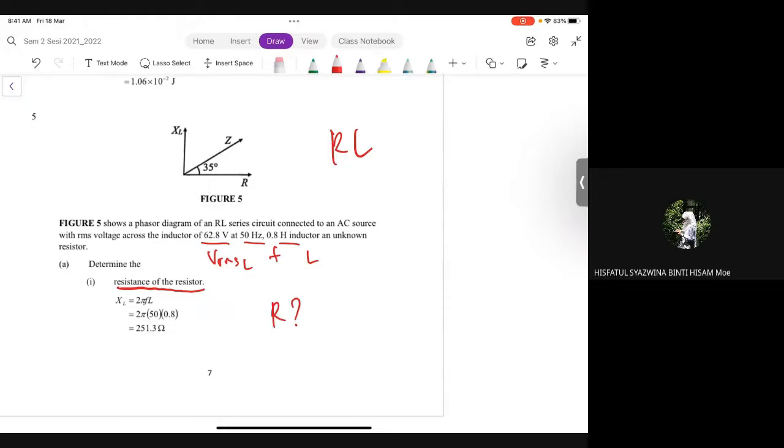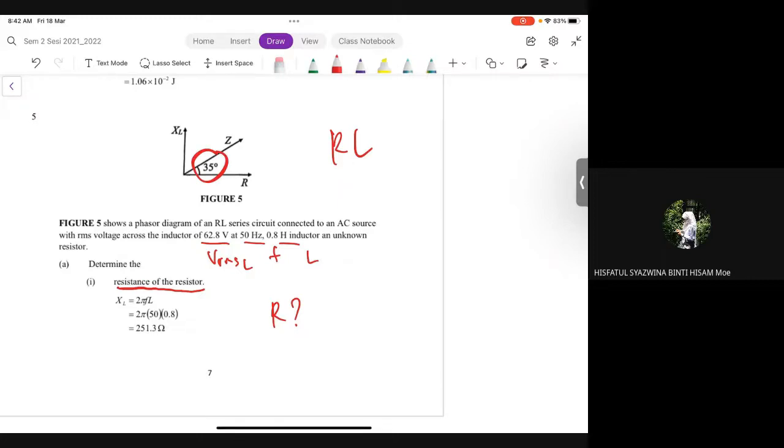So you ada L, you ada VRMS L. RL series connected to an AC source with RMS voltage across the inductor. Betul lah, ini inductor punya. Tapi dia bagi V. Dia dah bagi V siap-siap lah.